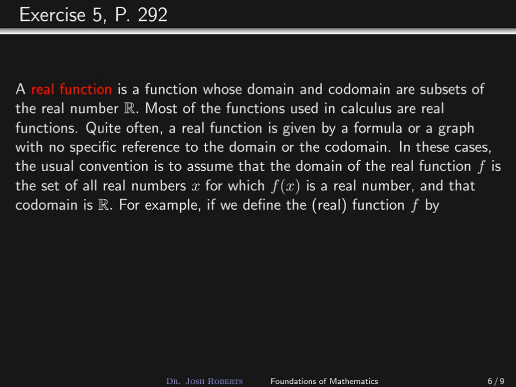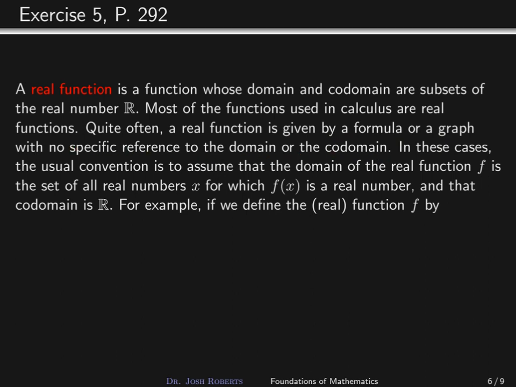Now, the ones that you're most familiar with are what are called real functions, or sometimes real valued functions. And this is a function whose codomain and domain are subsets of the real numbers R. Most or even all of the functions in calculus are real functions, and we usually use a formula or a graph without talking about domain or codomain or range.